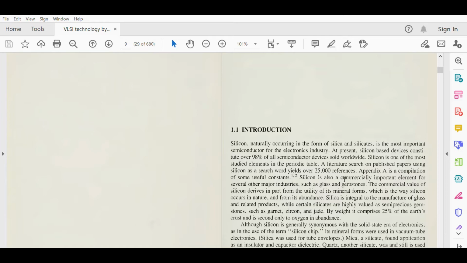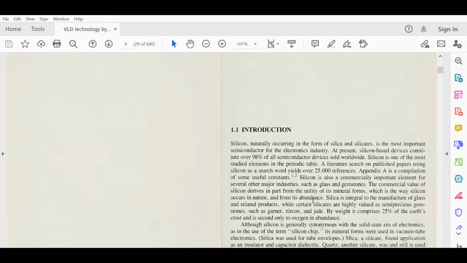Silicon is also a commercially important element of several other major industries such as glass and gemstones. The commercial value of silicon derives in part from the utility of its mineral forms, the way silicon occurs in nature, and from its abundance.